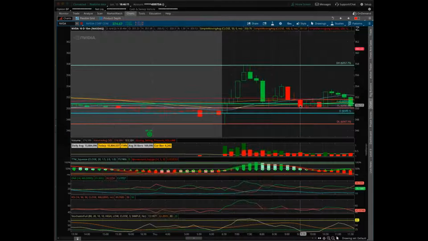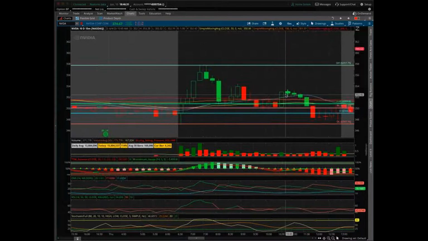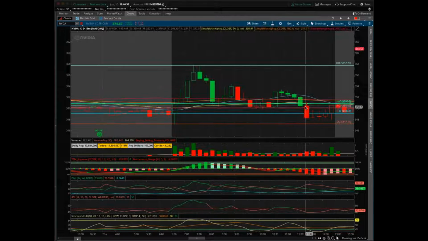Here it bounced up, and if you didn't take your stop loss here, you would have had to take your stop loss here. And by that time decay kicks in, and it's lower than where you could have taken it here. So here, when you close below that level, you take your stop loss, and then it pops up again, and then it breaks down, and then it closes below your open and below your close.